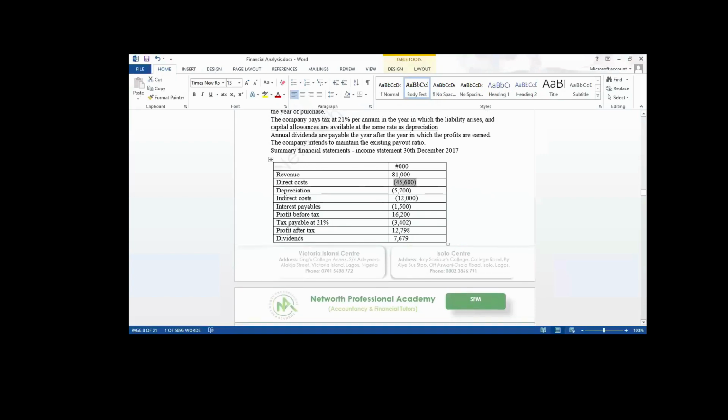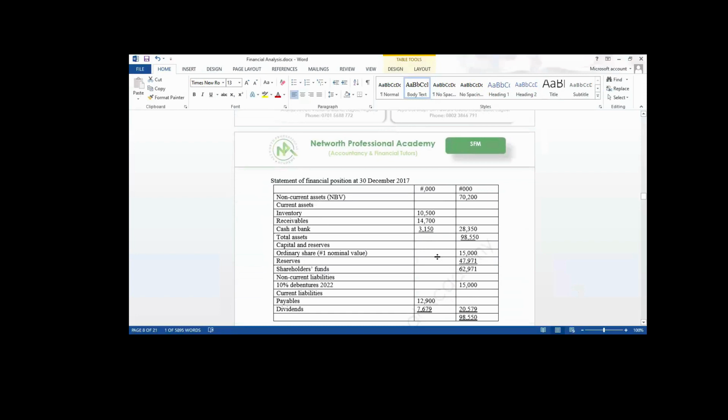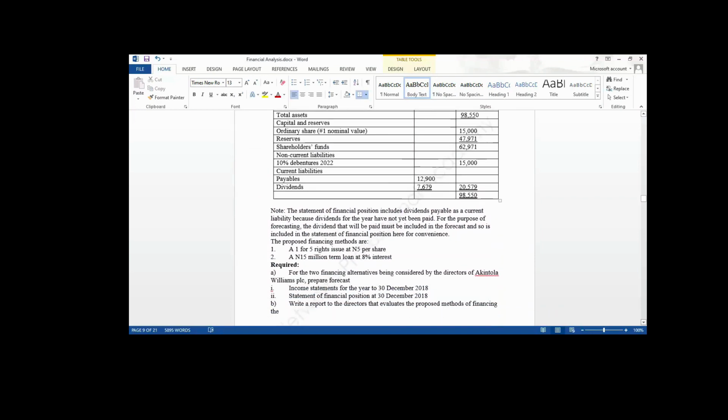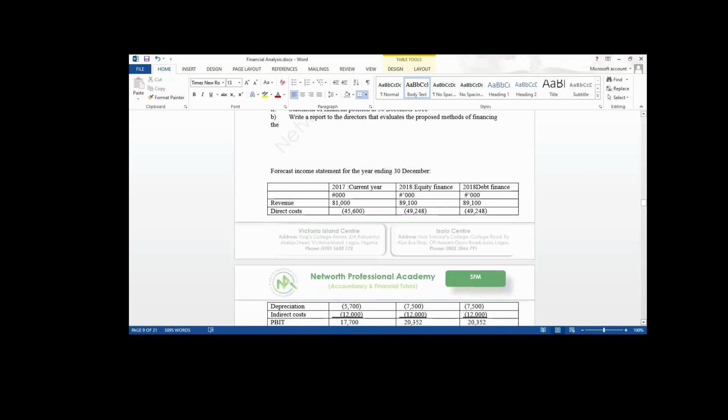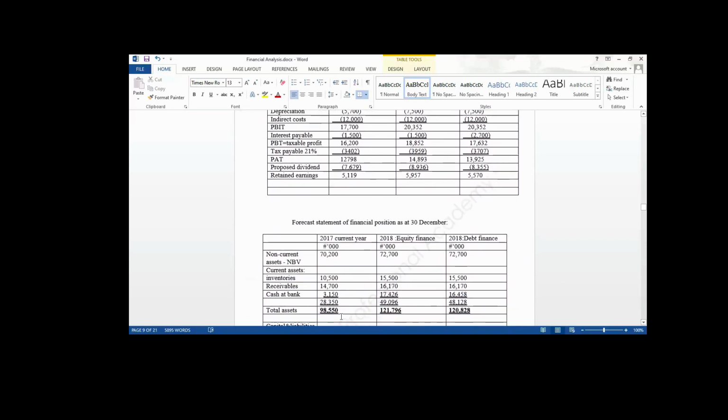Receivables and payables are items of the financial statement. Look at it, please. For 2018, based on what we computed, receivables for 2018 are 16,170.